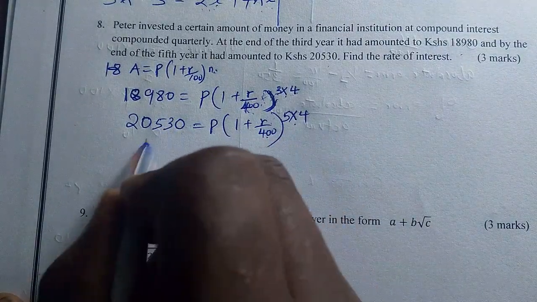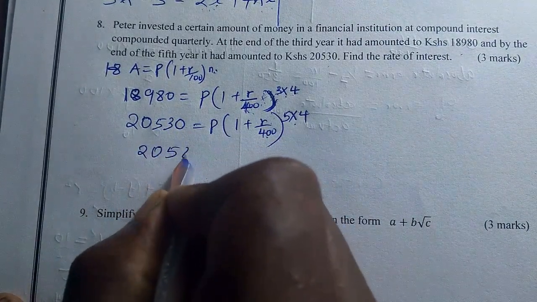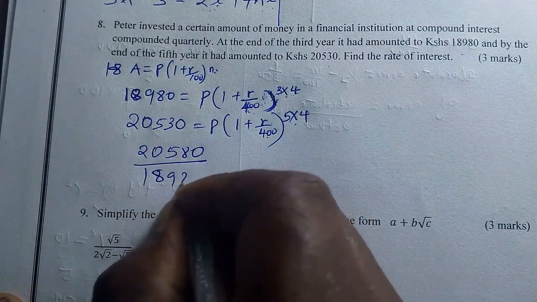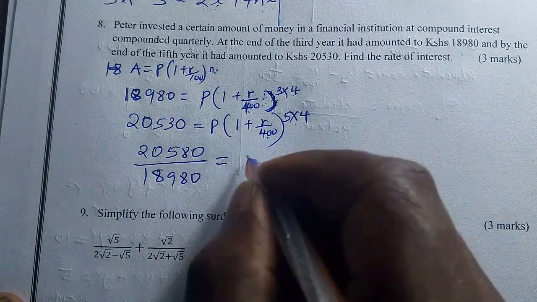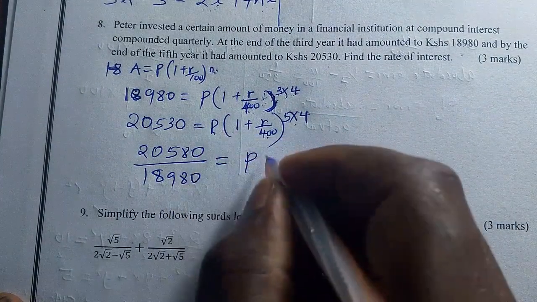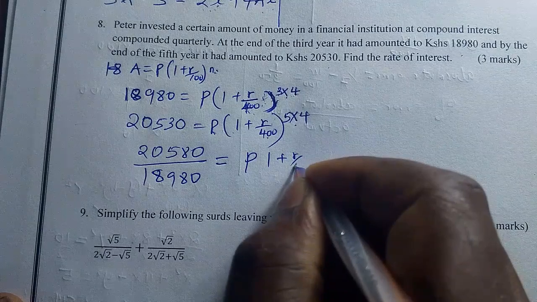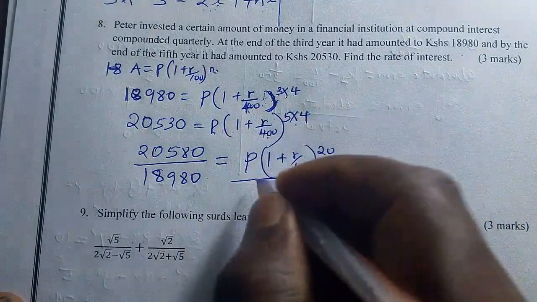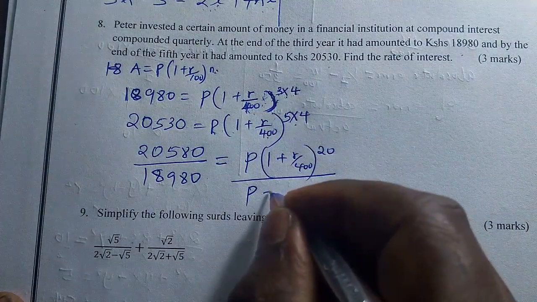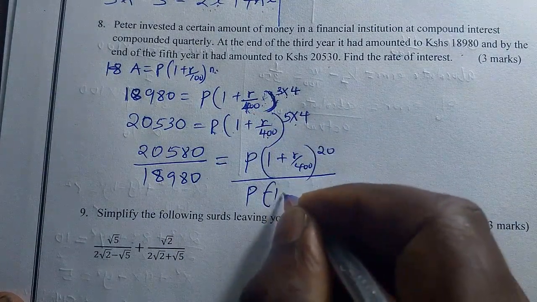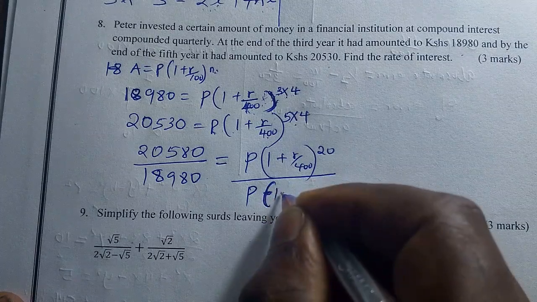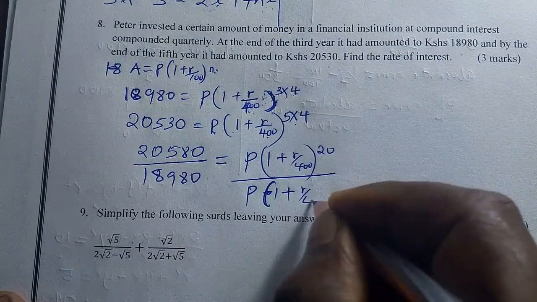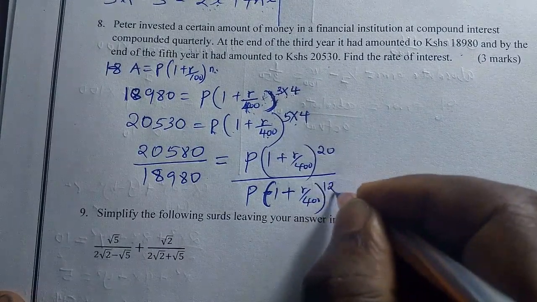So 20,580, you divide by 18,980, will be equal to principal times (1 plus r over 400) raised to 20, divided by principal times (1 plus r over 400) raised to power 12.